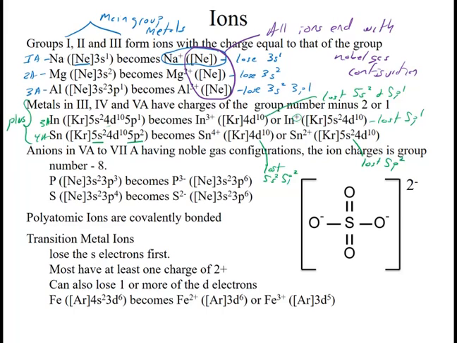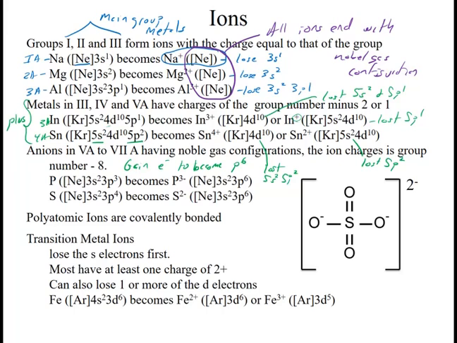And these are the nonmetals. So the anions from 5 to 7A have a charge of the group number -8, or -18, depending on which periodic table you use. And so these want to gain electrons to become a p6.